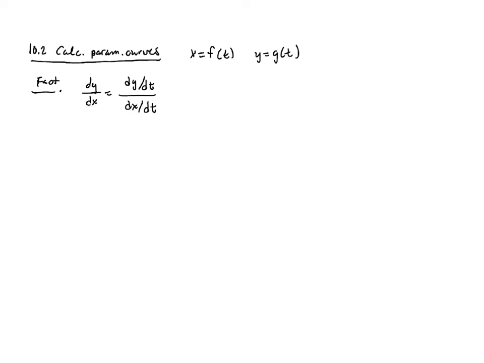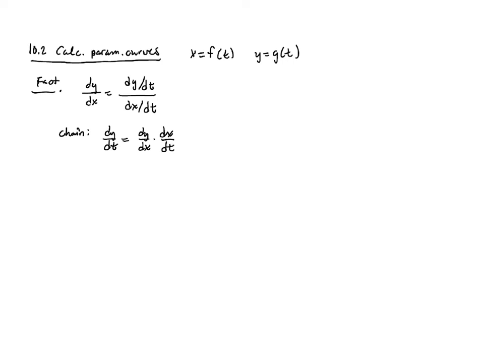I'll rewrite this in a slightly different way in a minute, but I want to explain first how you get this. This is just a different way of looking at the chain rule. The chain rule says that dy dt can be written as dy dx times dx dt.